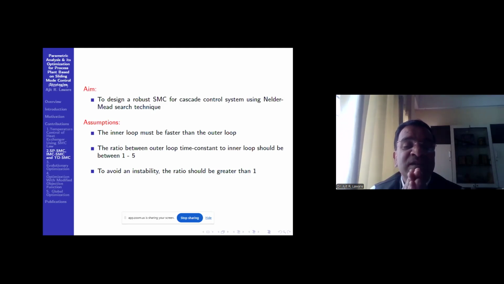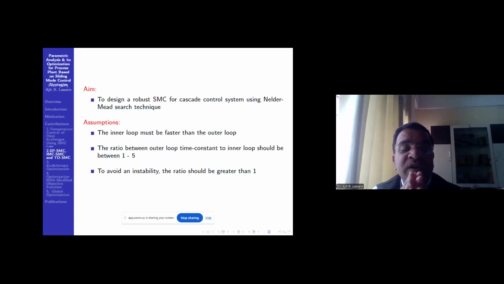So some assumptions are always made for the cascade control system. The time constant of the inner loop must be less than the time constant of the outer loop. This is the relation that must be followed to use the system as a cascade control system.